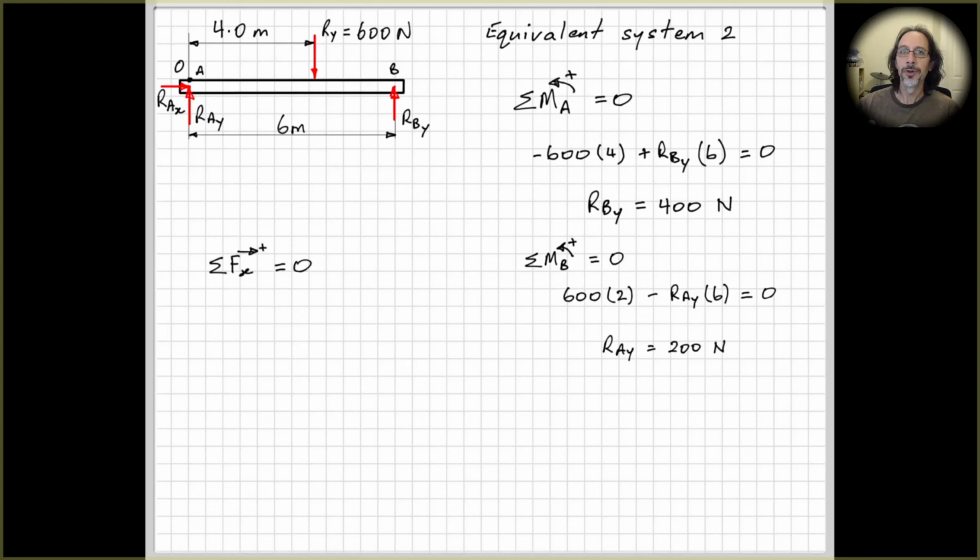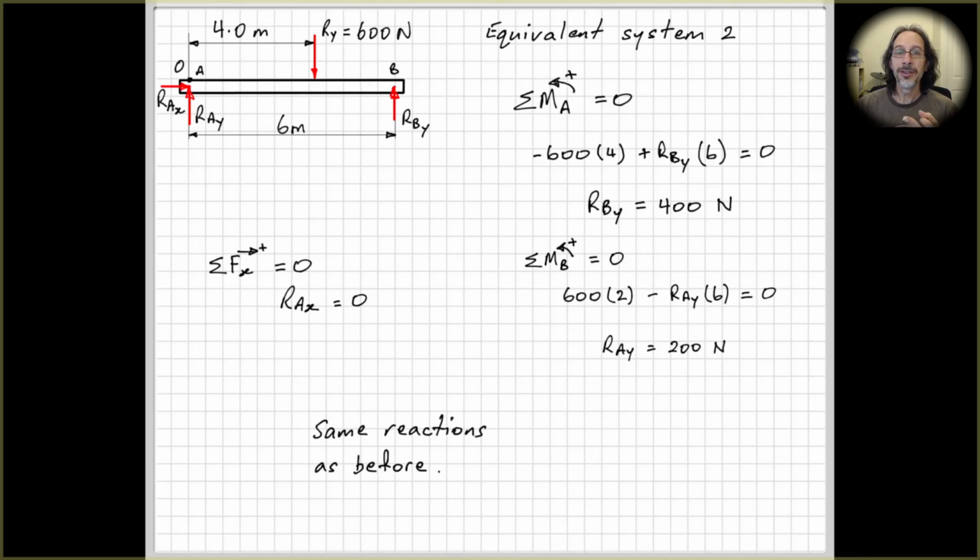And then of course, the sum of the forces in the x direction equals 0, so RAX equals 0. We have the same reactions as before. So what we've done is find our external reactions for the 3 different loading cases that are equivalent.